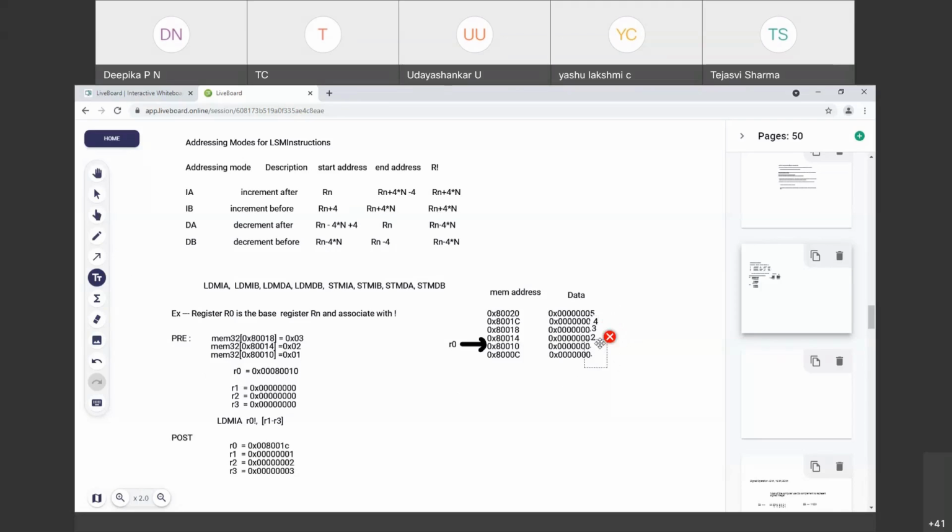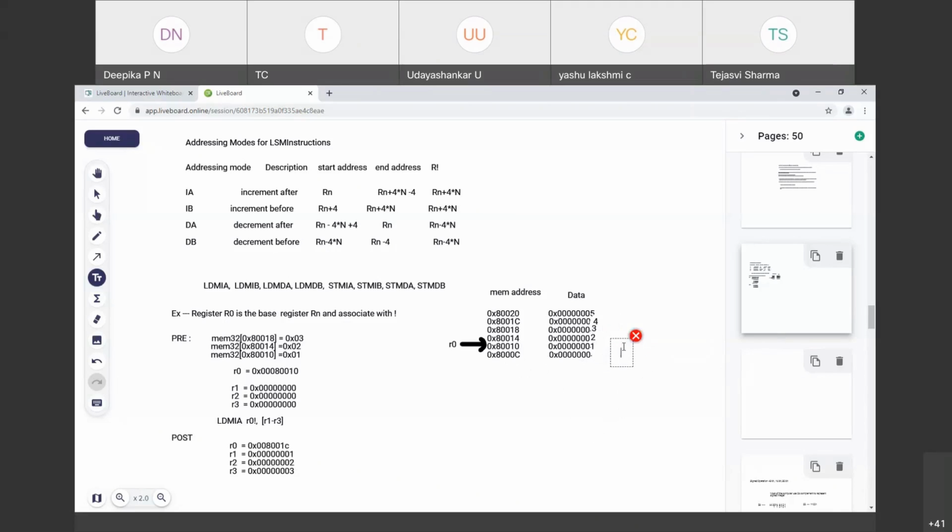I could have uploaded the data earlier only. Just copy it. Now you just understand it like this. So what is the data present in this memory location is 0x01.